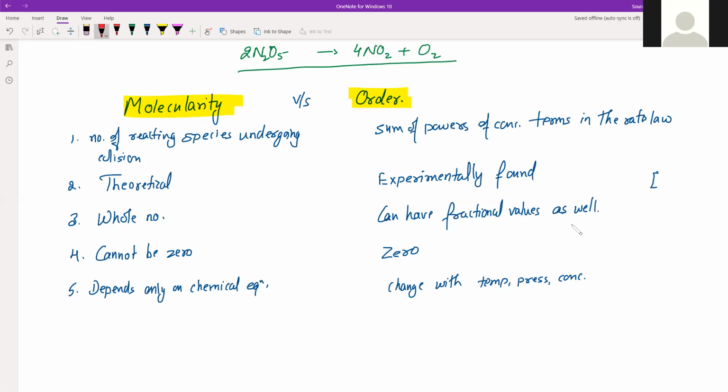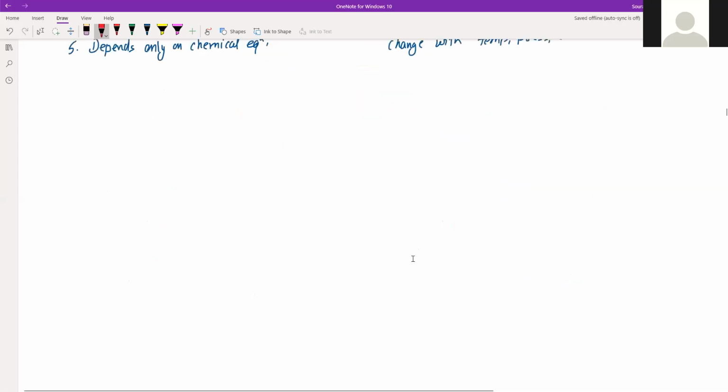Now today we are going to focus our study on the order of reactions and the different order reactions. Reactions based on kinetics can be divided into different categories. So let's start with them one by one.